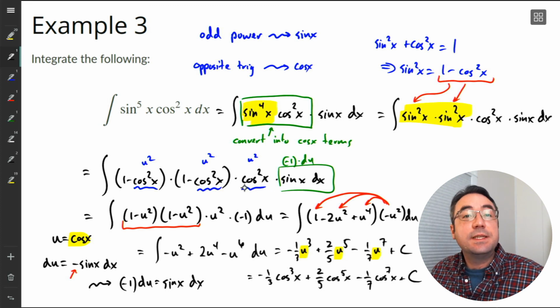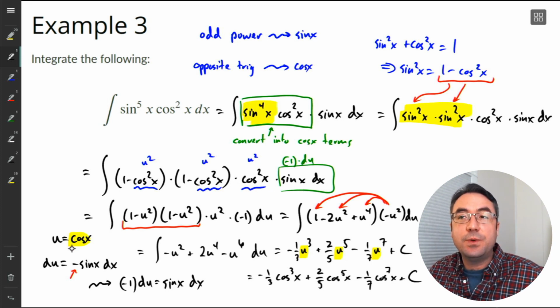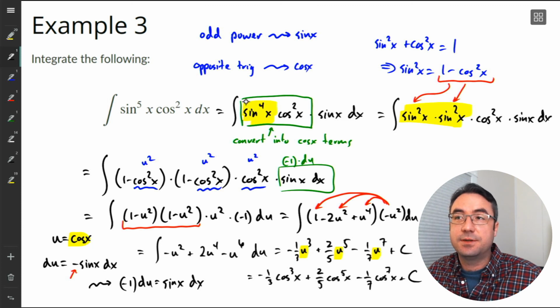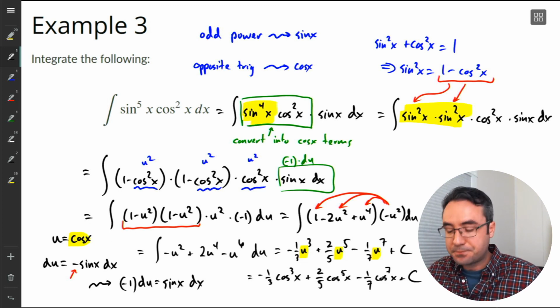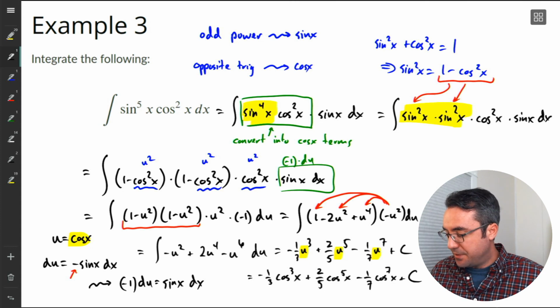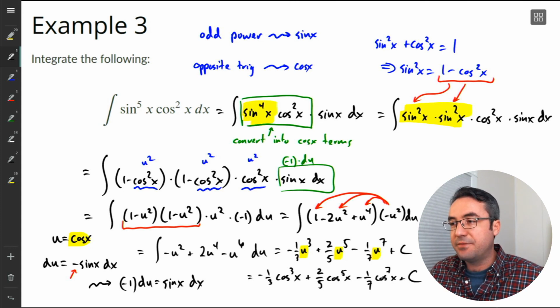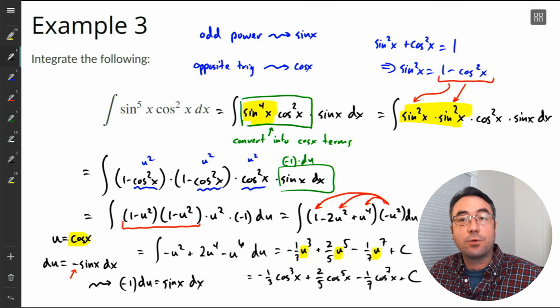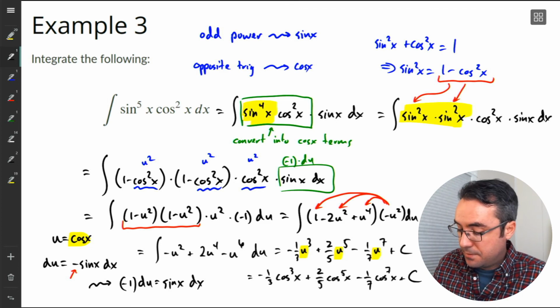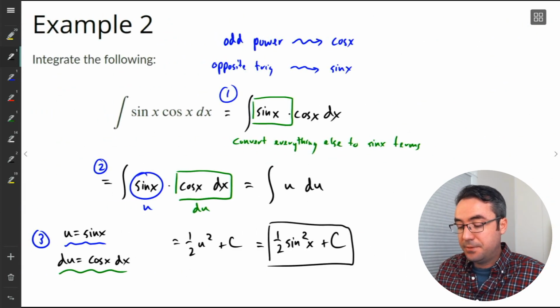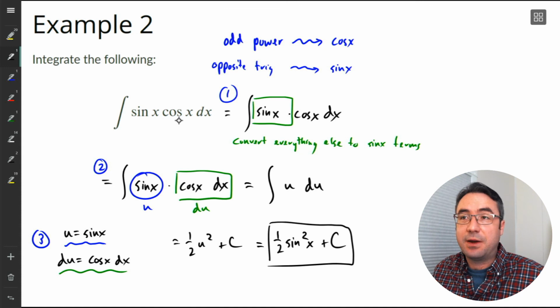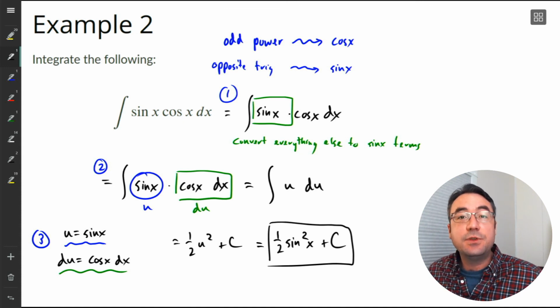And then from there we did a u substitution where we let u equal our opposite trig function. Our opposite trig function was cosine, so we let u equal cosine, and then we went through our usual substitution rule. This is the technique we're going to use when we have an odd power of sine or cosine, or, as we saw in example 2, maybe both of them have an odd power, in which case you have some options.